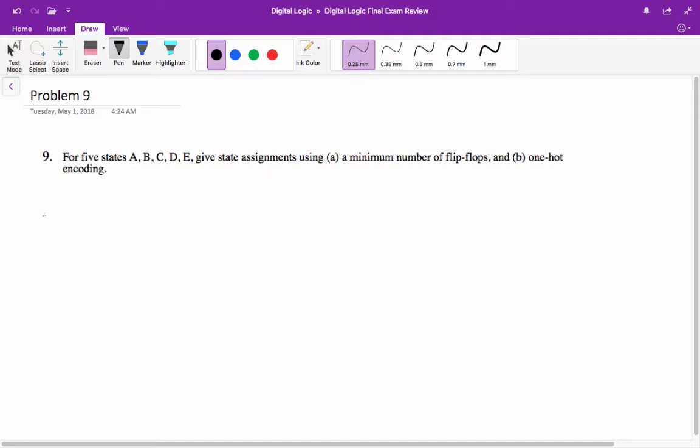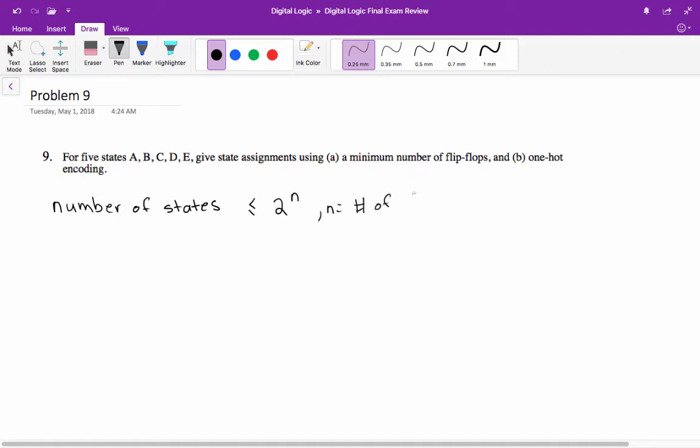So if you have the number of states, the number of states has to be less than or equal to 2 to the n, where n equals number of flip-flops.